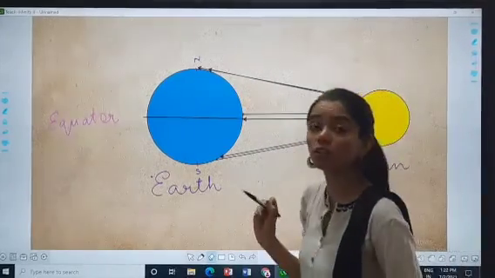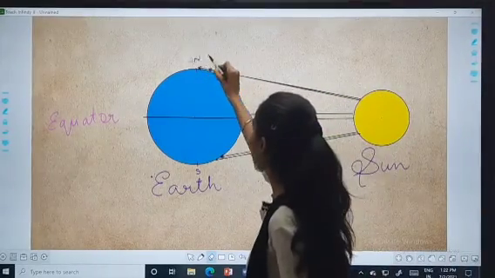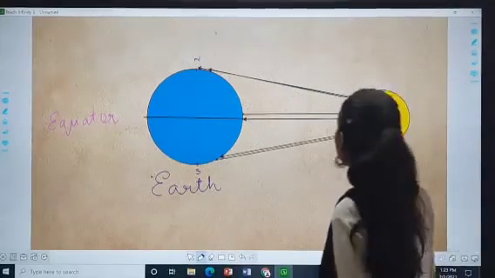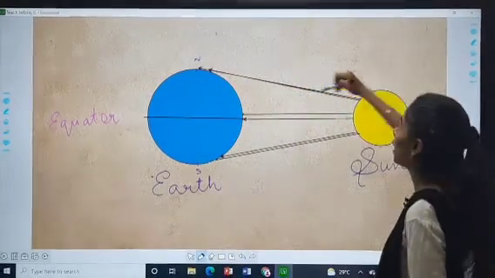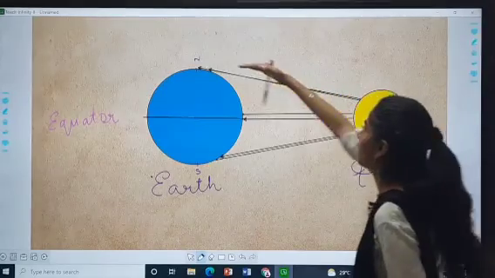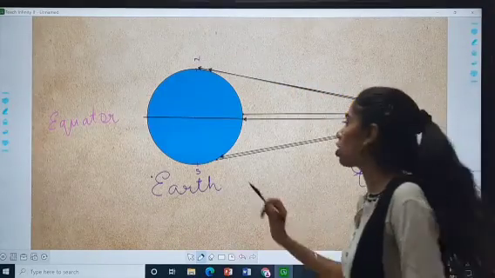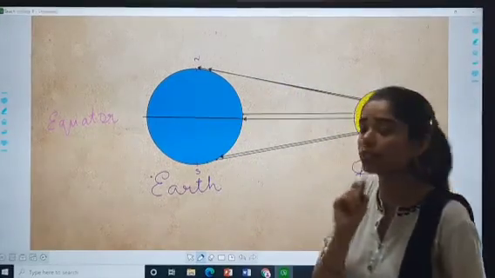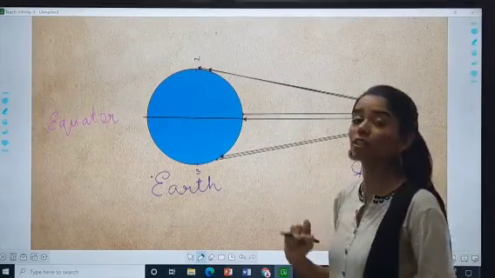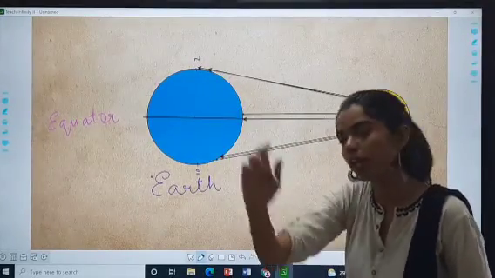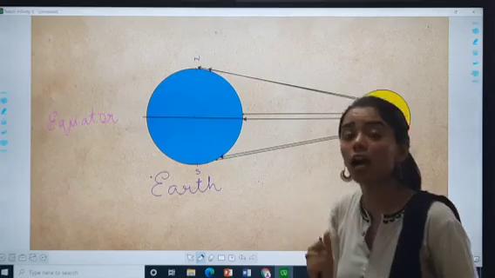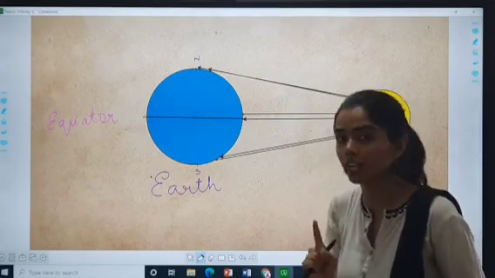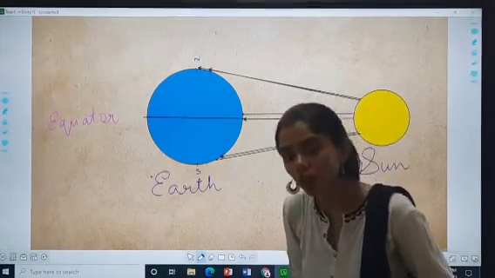Now we talk about the North Pole. What do we see? The sun rays are slanting. Now if we talk about the places near the equator, they are receiving the sun rays directly. So these places receive a hot climate, and this is the torrid zone.